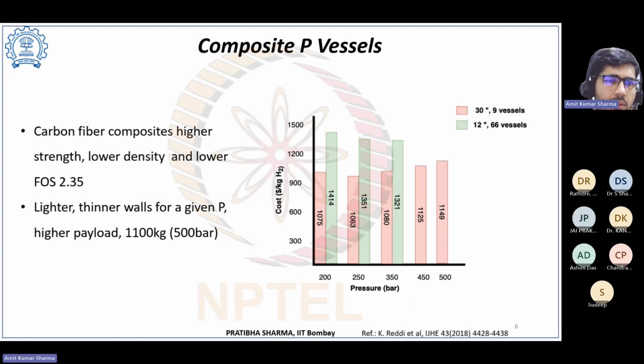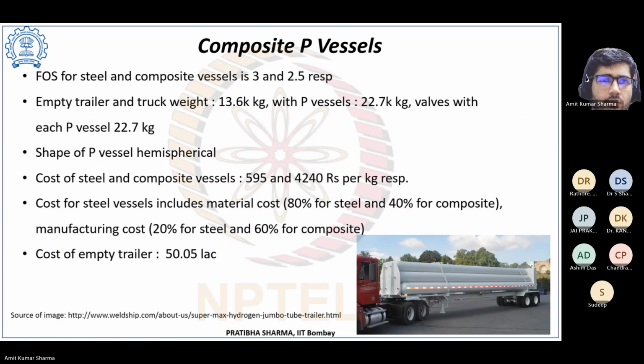For composite vessels, the factor of safety is 2.35. In composite we have carbon fiber, so it has higher strength and lower density. So it has lighter, thinner walls for a given pressure, and higher payload. You can have 1100 kg at 500 bar pressure. For steel, the factor of safety is 3. For composite, 2.5.